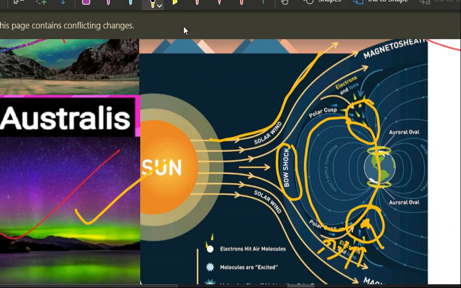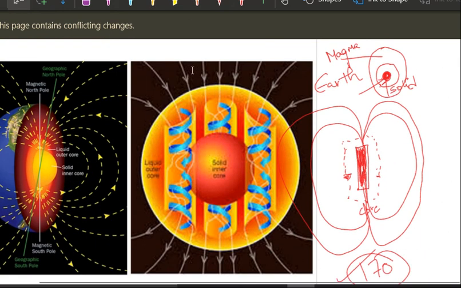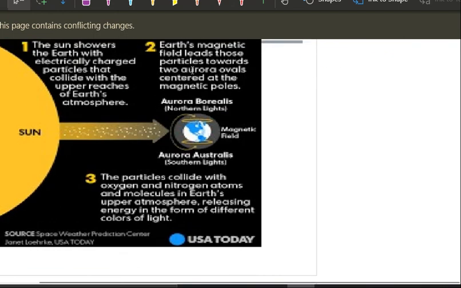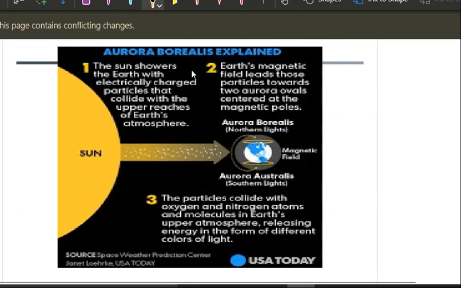Let us see it quite lucidly. See here. The sun showers the Earth with electrically charged particles that collide with the upper layers of the Earth's atmosphere.